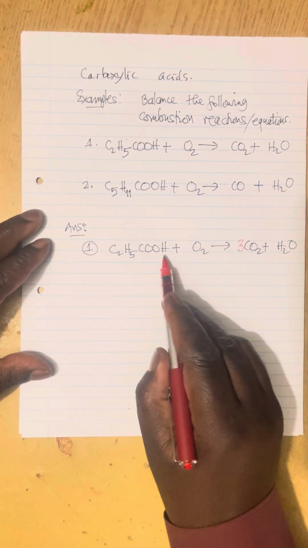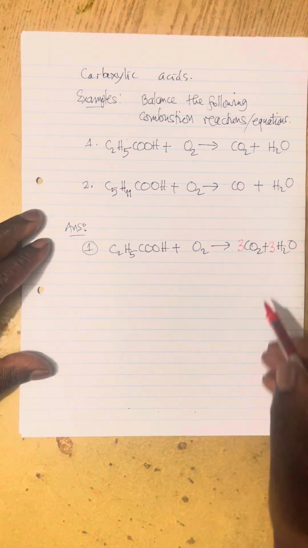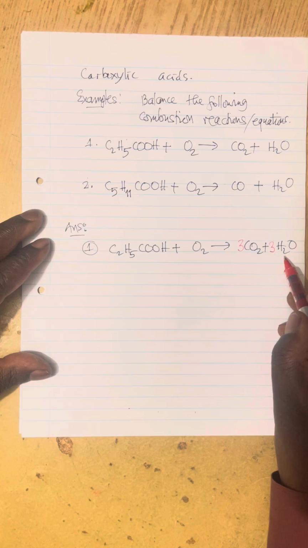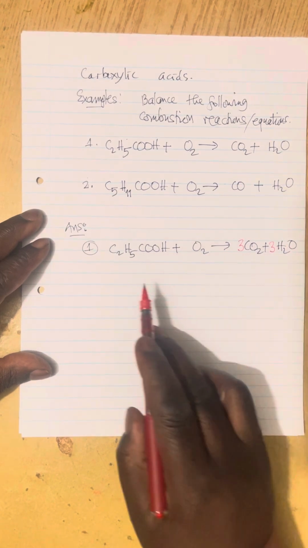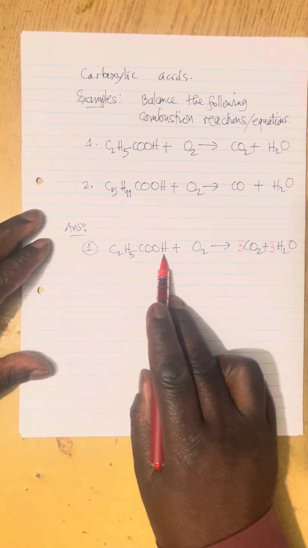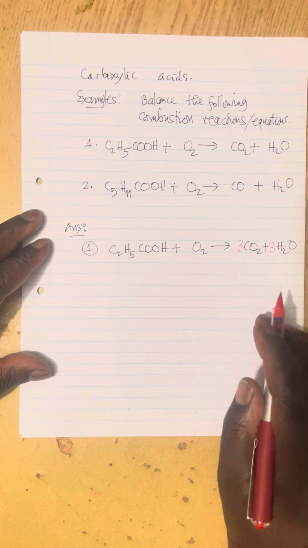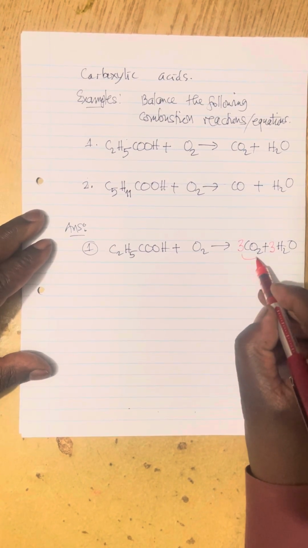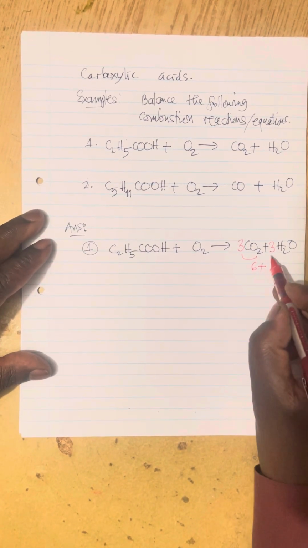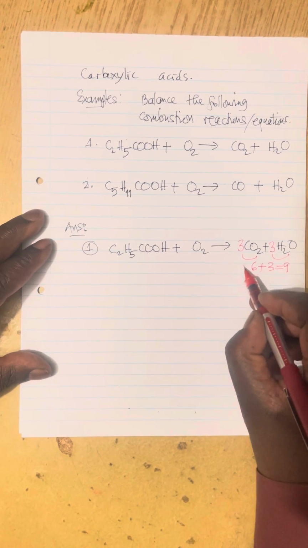Hydrogens, 5 plus 1, 6 hydrogens. 3 times 2 is 6. Next, oxygens. Oxygens will move to the right again. 3 times 2 is 6 plus 3 times 1 is 3. The answer is 9 in our step number 1.